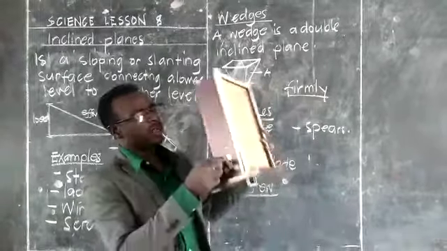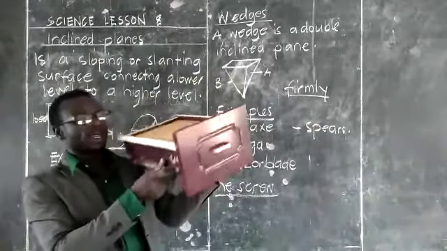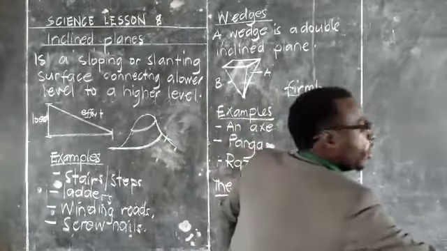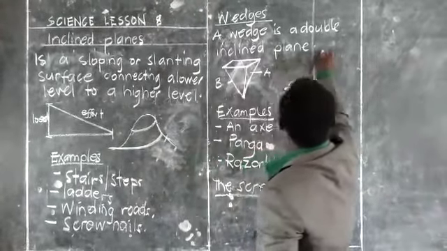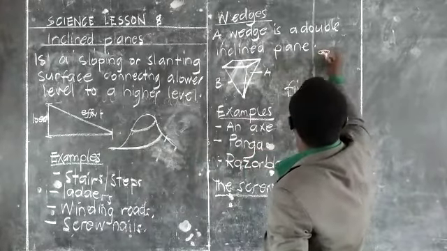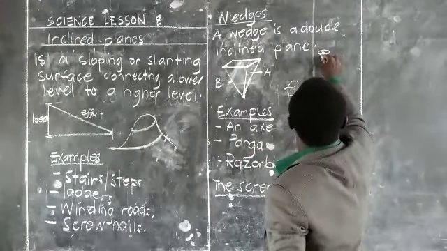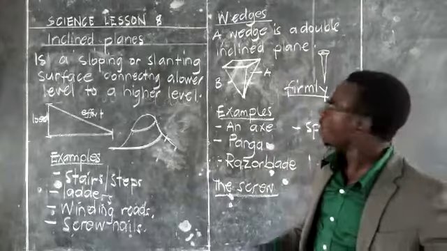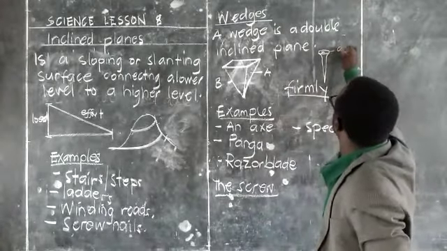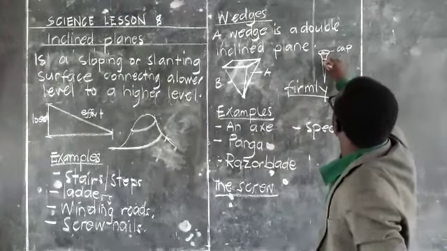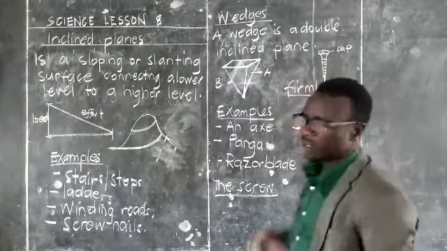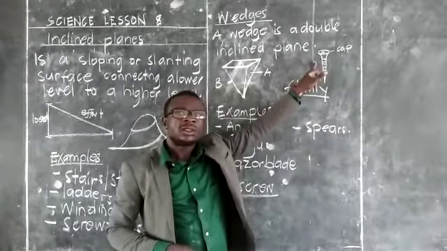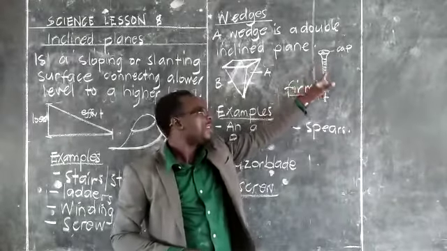The part of the screw which is below the cap is like a gentle slope. For example, we may have a screw here. The part which is below the cap, this is the cap, is like a gentle sloping path around a thin cylinder.